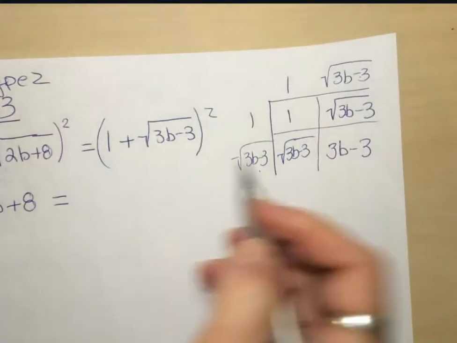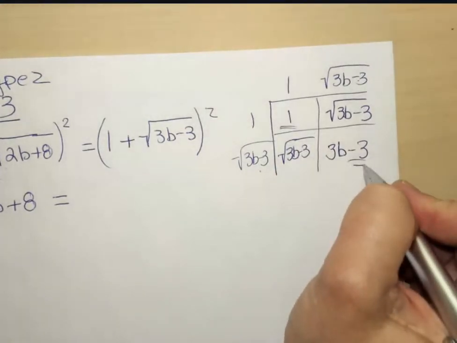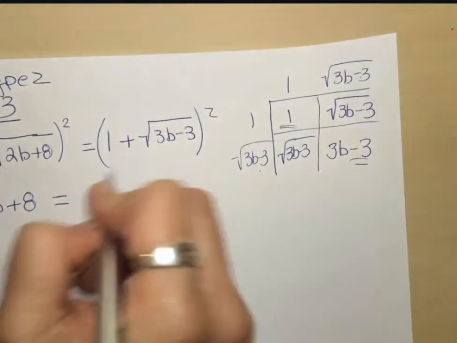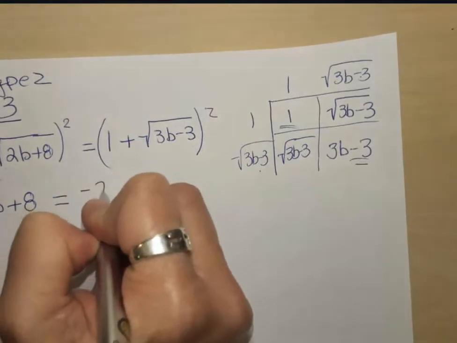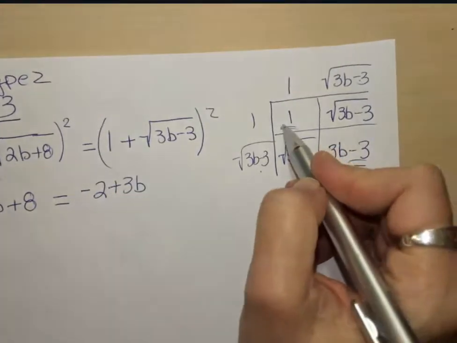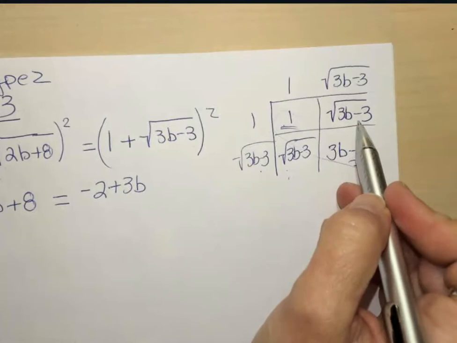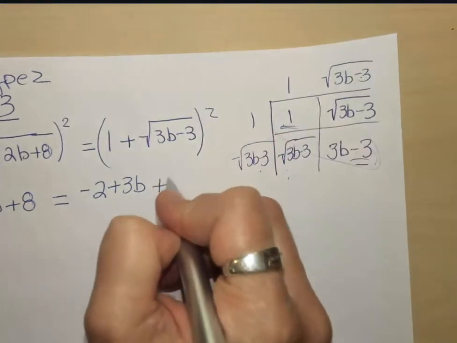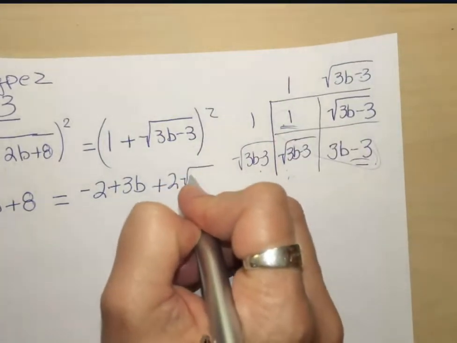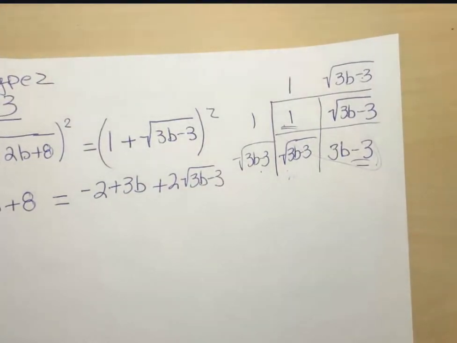So now my 1 and my negative 3 could go together, and that's going to give me a negative 2. So I have negative 2 plus 3b. That's just putting those two groups together. And then I have two radicals. I have plus 2 times the square root of 3b minus 3. So let's review what I did there.